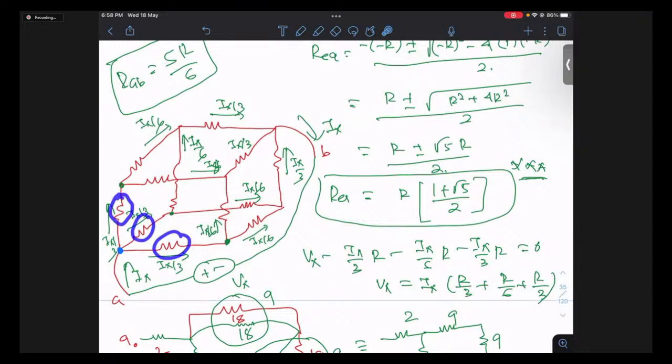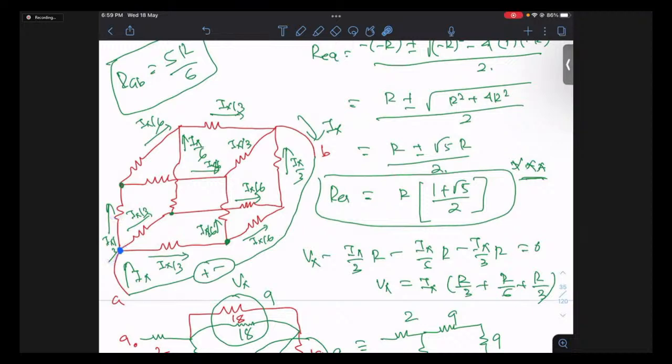What is the consequence of it? The potential of this point and this point will be the same. Why? Because this point's potential is this point's voltage minus the drop of this. Similarly, this voltage is this point's voltage minus the drop of this.